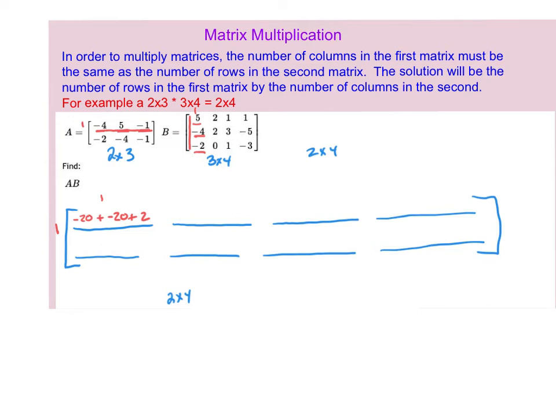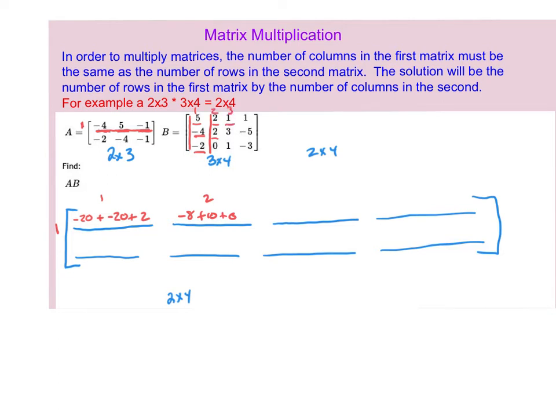Now, the next spot I'm going to do is multiply my row 1 by column 2. So I have negative 4 times negative 2 is negative 8, plus 5 times 2 is 10, plus negative 1 times 0 is 0. And that's going to be row 1, column 2. So the next one I'm going to do is row 1, column 3.